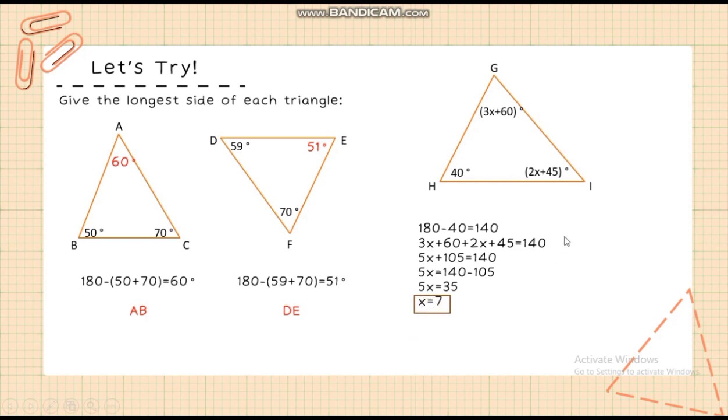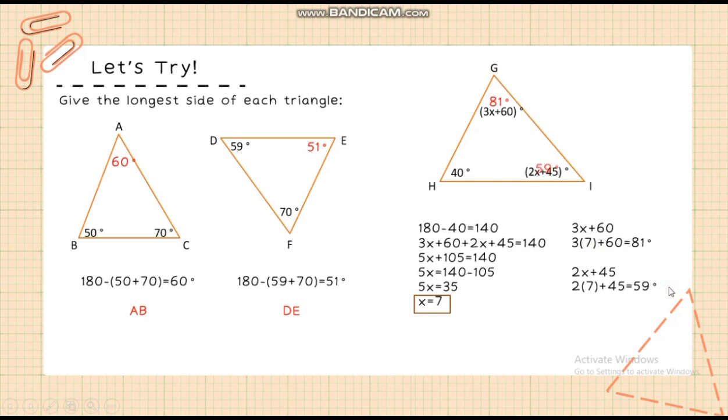Now let's substitute the value of x to 3x plus 60. So 3 times 7 plus 60 is equal to 81 degrees. So the value of angle G is 81 degrees. Let's substitute again the value of x to 2x plus 45. 2 times 7 plus 45 is equal to 59 degrees.